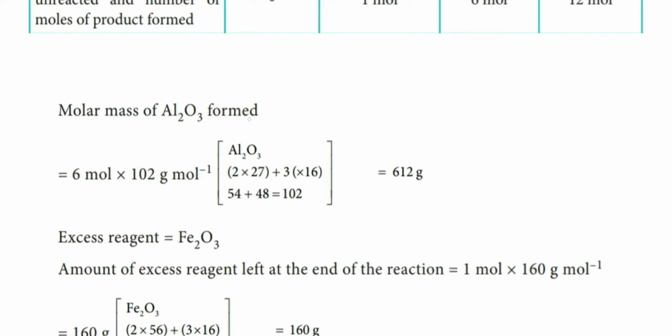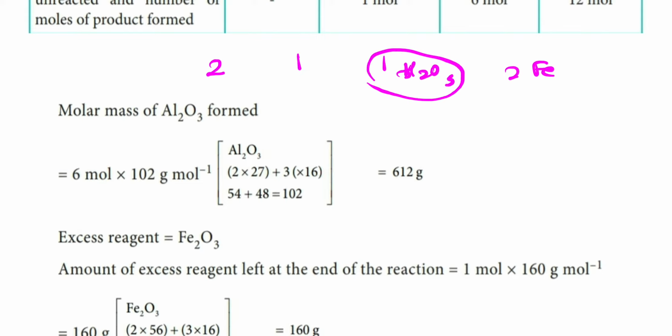ஓகே, ஸோ how many moles of aluminum oxide formed அப்படின்னா இப்போ ஏற்கனவே நம்ம போட்ட கேல்குலேஷன் பார்த்தீங்கன்னா 2 moles ஆஃப் அலுமினியம் combined with 1 mole of iron oxide to give 1 mole of aluminum oxide and 2 moles of iron அப்படின்னு கொடுத்துருந்தோம் இல்லையா.